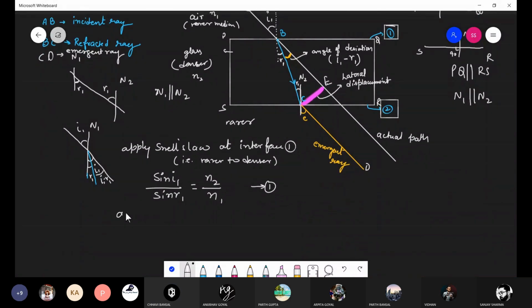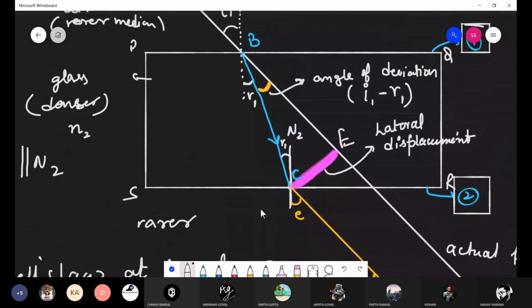Now apply Snell's law at interface number 2, that is denser to rarer. Now for interface number 2, the BC ray, please focus on this diagram.